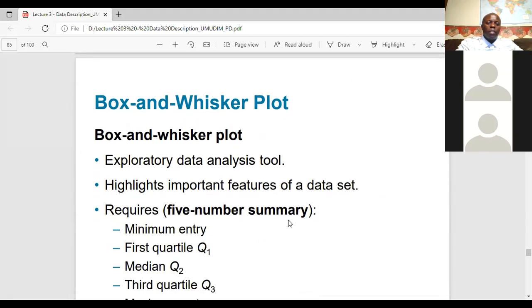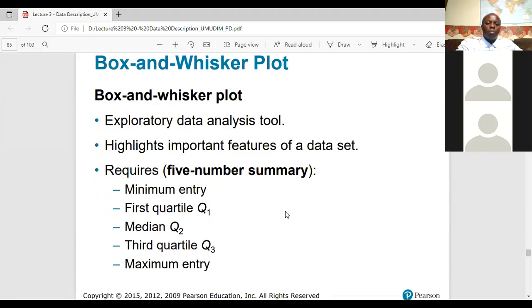So the next thing we're looking at is the box and whisker plots. This box and whisker plot is a pictorial way of showing the minimum data entry, the first quartile, second quartile, third quartile, and then the maximum entry.